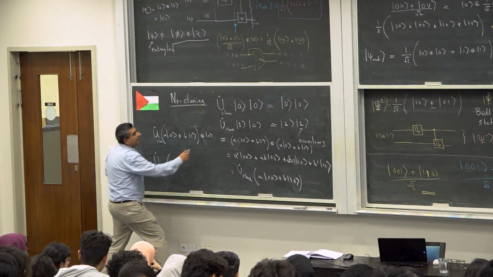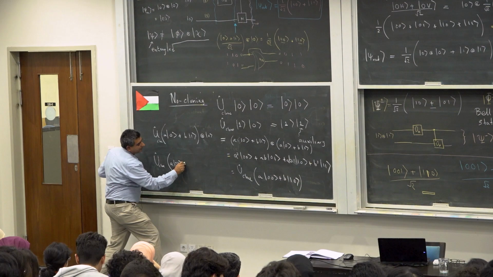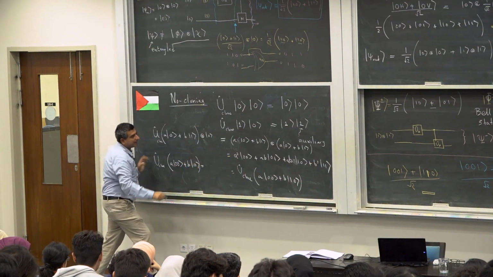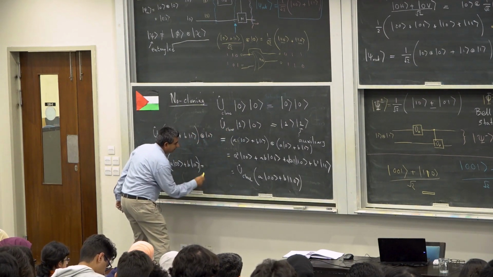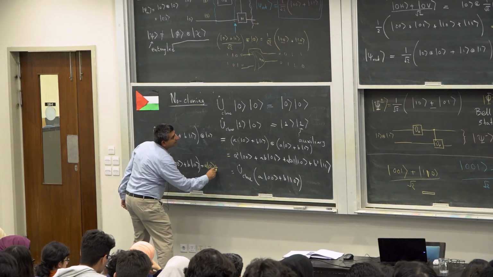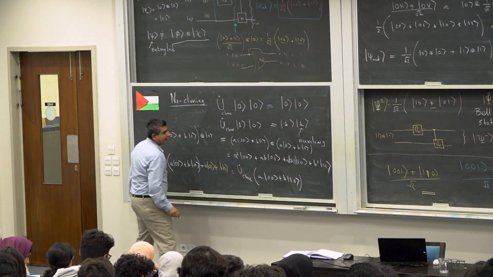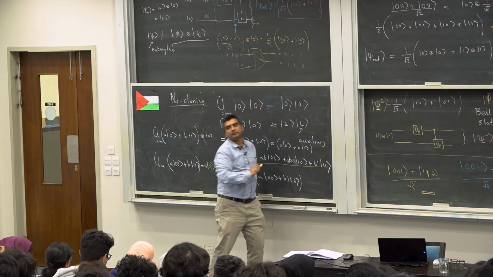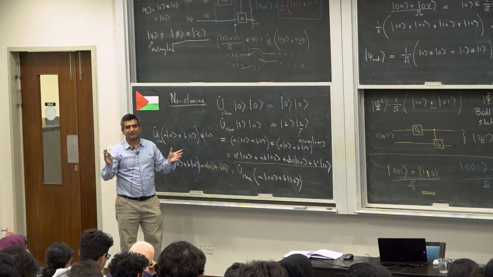So U clone acting on A|0>|0> plus B|1>|0>, I would simply get A|0>|0> plus B|1>|1>, and this is not the same as this thing. They're different, totally different. Got it?